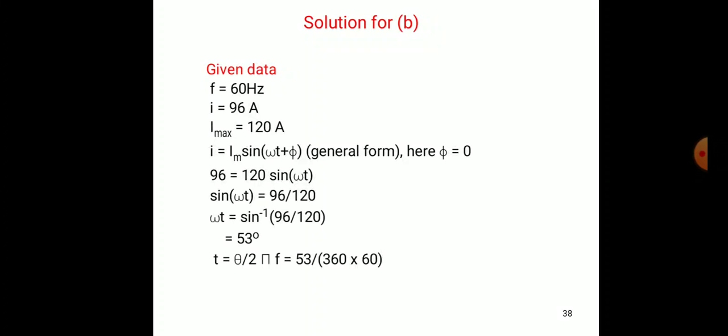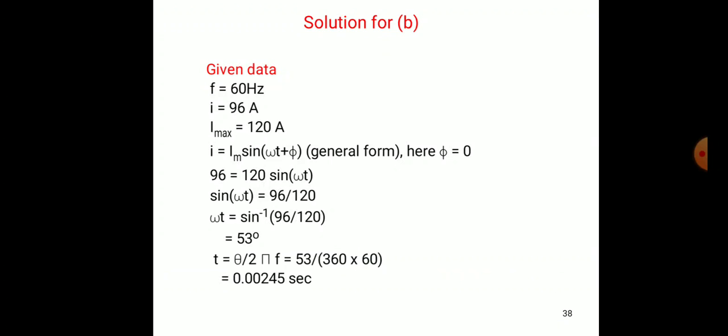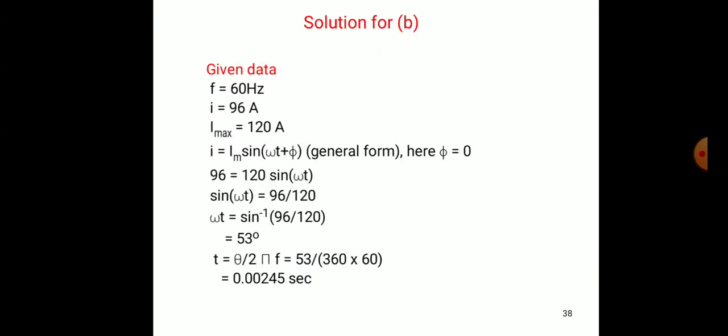From that we can find that t equal to theta by 2 pi f, that is 53 by 360 into 60. That is time, it is 0.0000245 seconds.